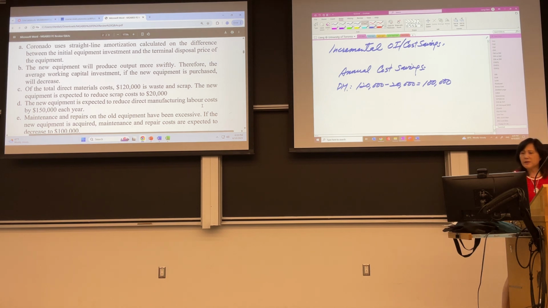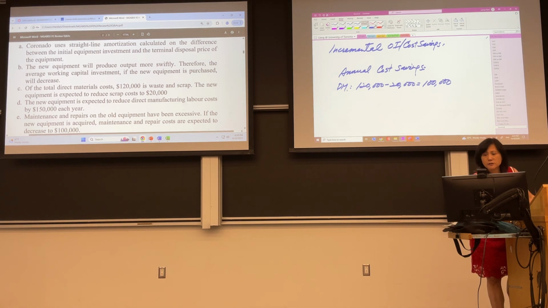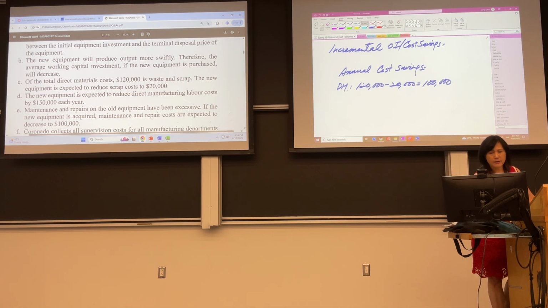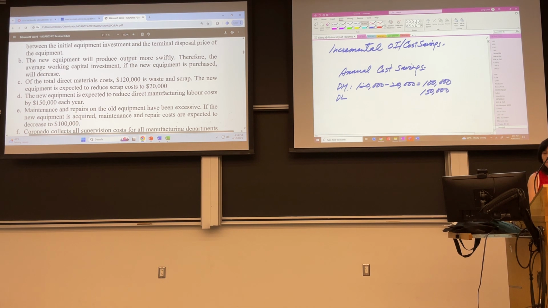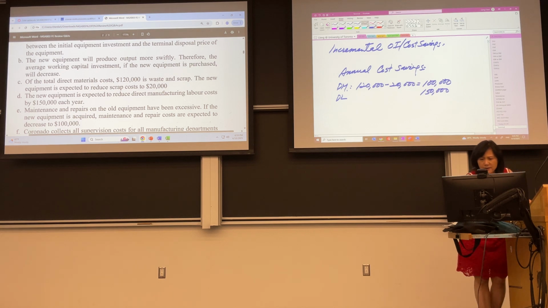New equipment is expected to reduce the direct labor by 150,000. You can reduce the labor by 150,000. So direct labor, 150,000. You save. Maintenance and repair has been excessive. If we buy a new machine, now the repair cost decreased to 100,000.